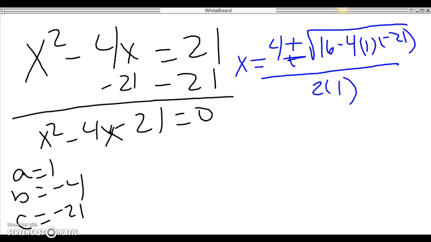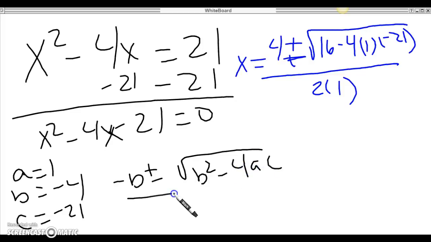I'll write the formula out: negative b plus or minus the square root of b squared minus 4ac, all over 2a. My b squared was negative 4 squared, which is 16, then 4 times 1, which is a, times c, which is negative 21, divided by 2 times 1, which is my a. Okay, now I'm going to start evaluating.